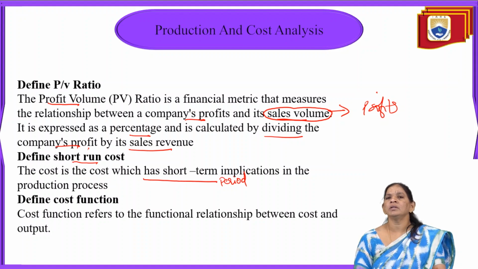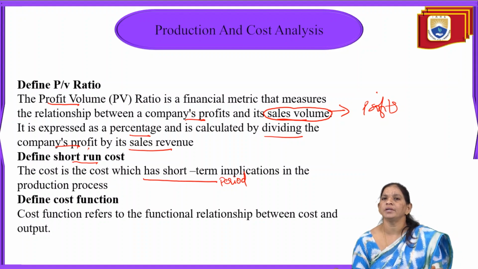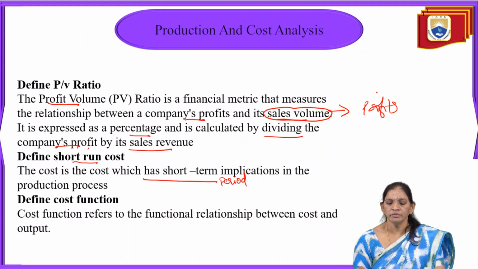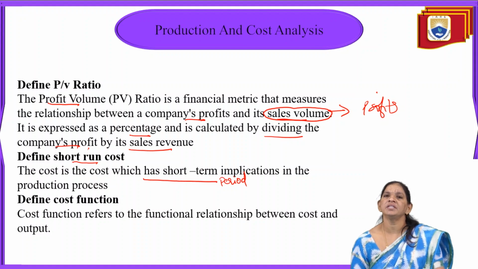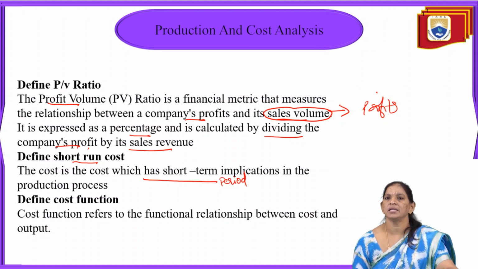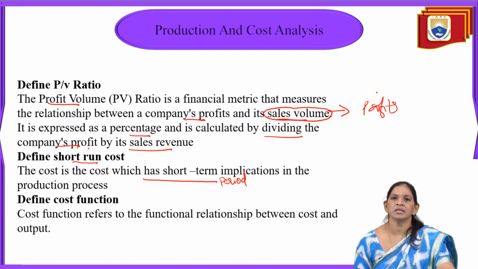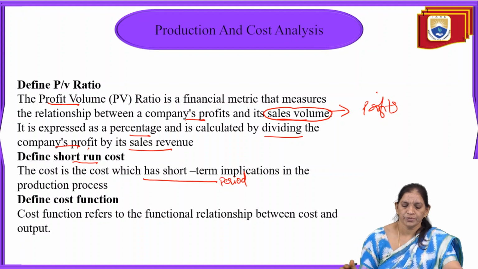It means the cost is calculated for a very short period. In the case of a production process, we take 6 months as the minimum, so any production cost calculated below 6 months we call a short-run cost.